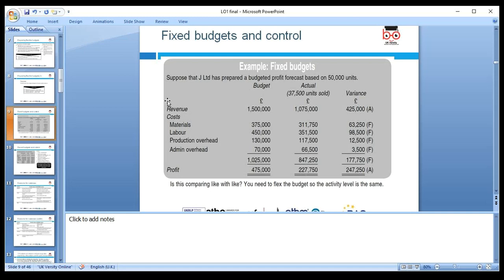If we look at the fixed budget, not flex, the variance was 4.2, but actually it was quite a bit less, because we sold 12,500 units less. That's the way we need to flex the budget.